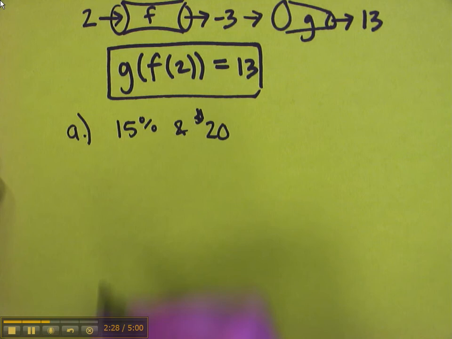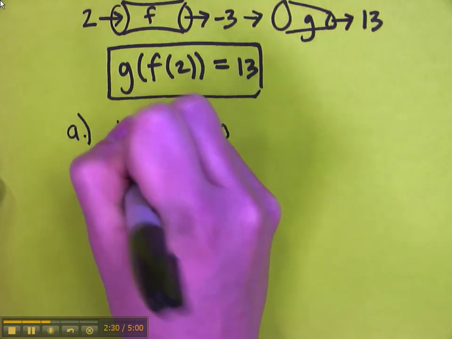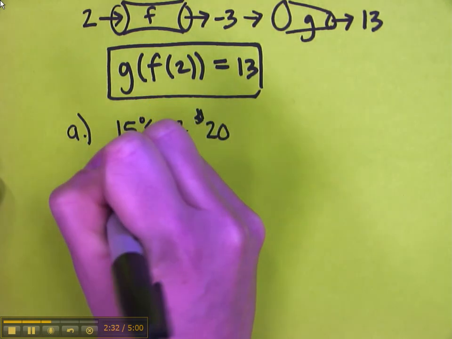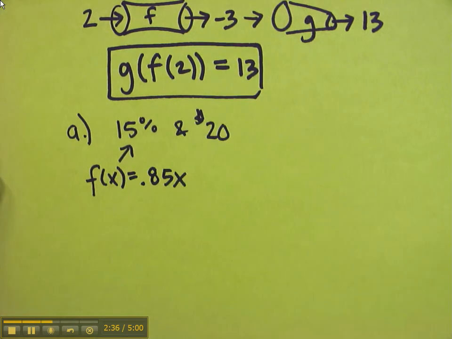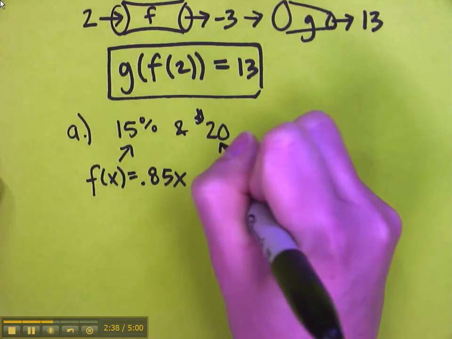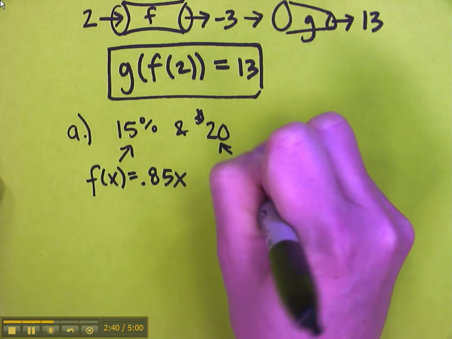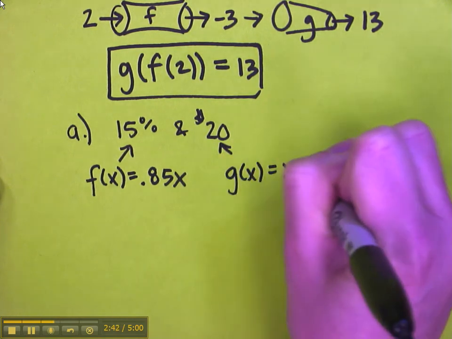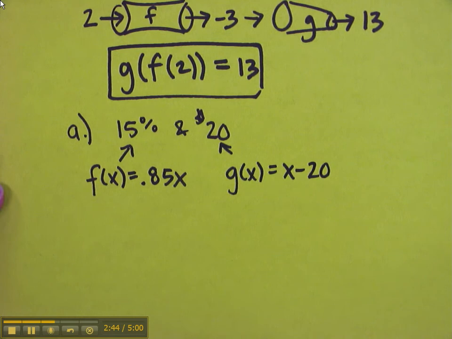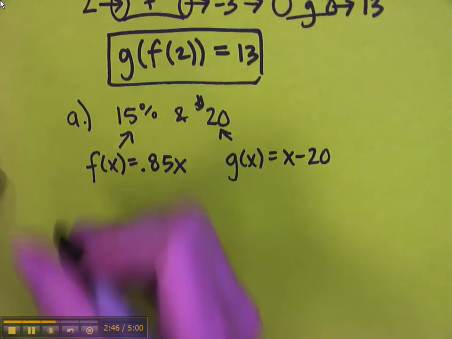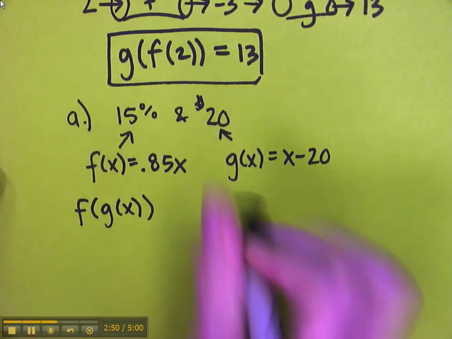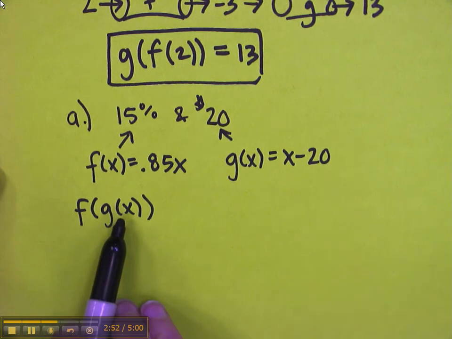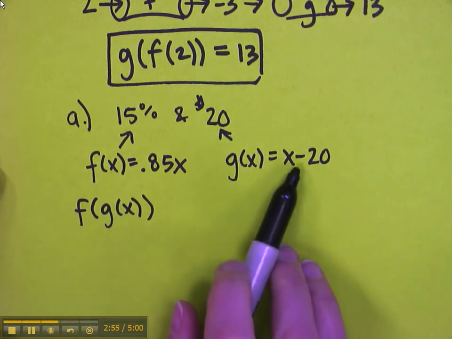We could think of the 15% off as a function, f of x equals 0.85x. And we could think of the $20 off as another function, g of x equals x minus 20. And then if we're going to apply the discounts in different orders, if we look at f of g of x, this tells us to do g of x first. Remember, that's applying the $20 discount first.